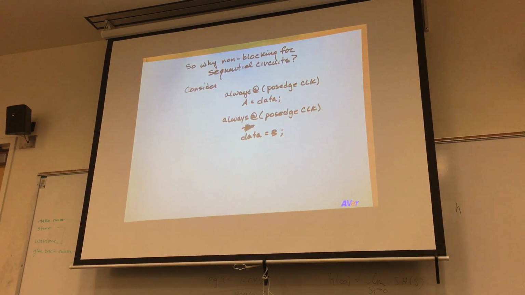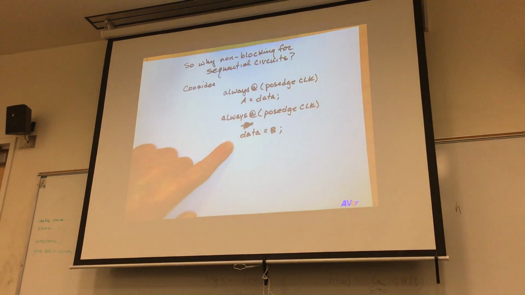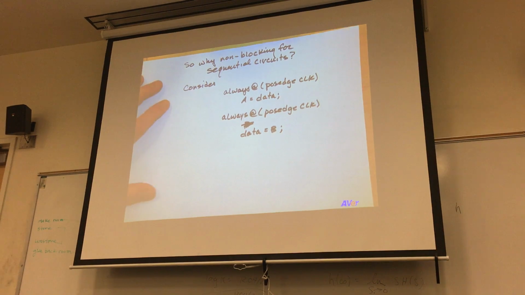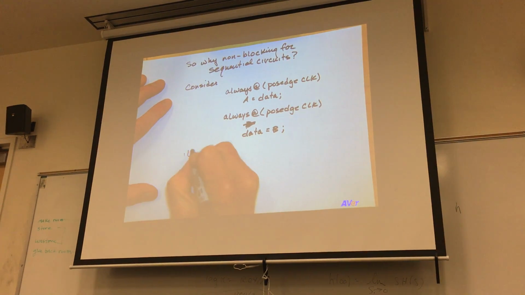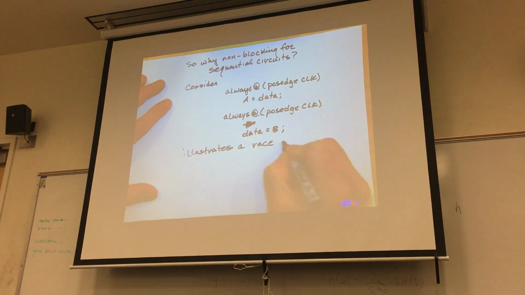Now, yeah, you could do something like put a # delay in this, and that would give you an order that this would finish before that one does. But again, the # delays are not synthesizable. So what this illustrates is what is referred to as a race condition.